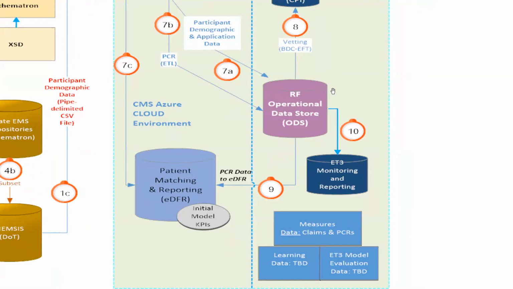And then ultimately, there's a need to do some model evaluation. Right now, we are developing what data is being used and what we're going to be looking at from a reporting standpoint. So there's not yet a full understanding of how this is going to actually be implemented, but we are working on that right now.